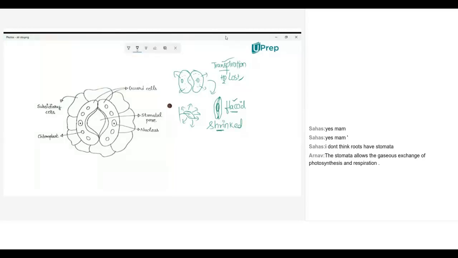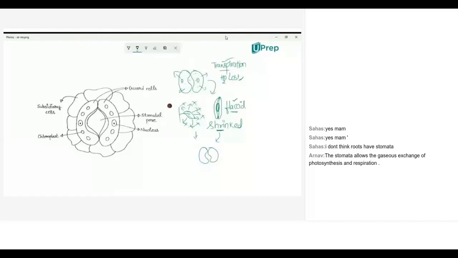So when the pore gets closed, losing water or movement of gases will stop. But when the loss of water is stopped, then again the guard cells will become swollen like this.